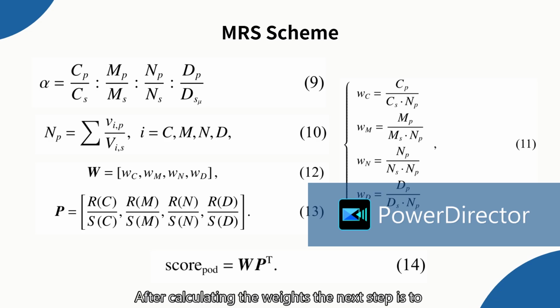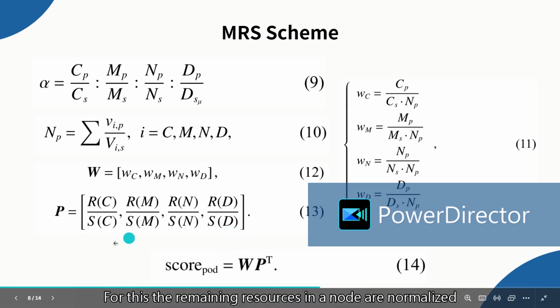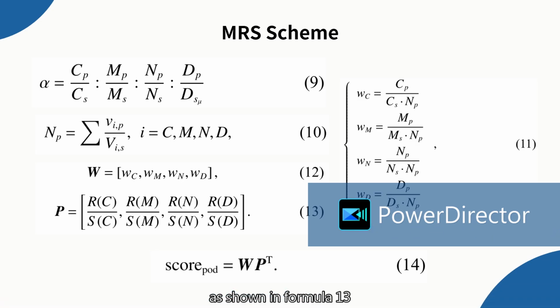After calculating the weights, the next step is to evaluate the available resources in each node. For this, the remaining resources in a node are normalized as shown in Formula 13 by dividing the available resource amounts by the total capacities.